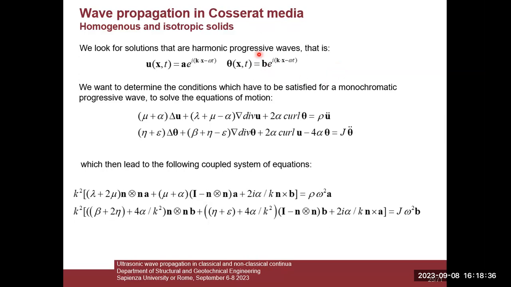So when you want to understand which kind of harmonic progressive waves can propagate in a Cosserat continuum, you have to substitute both of these tentative solutions into the equilibrium equations.